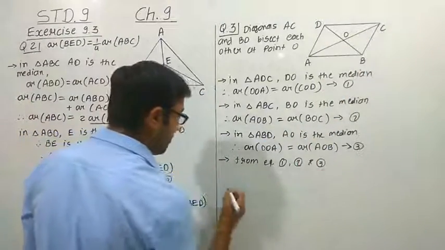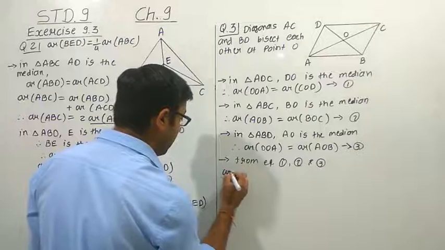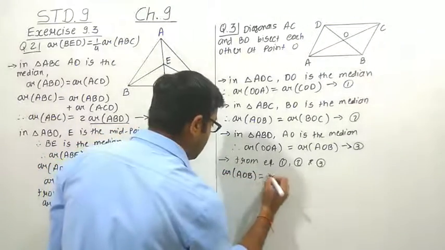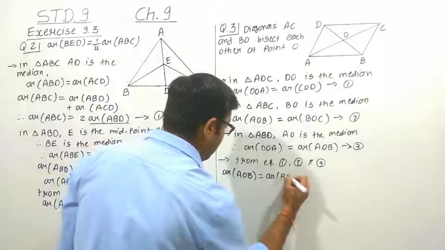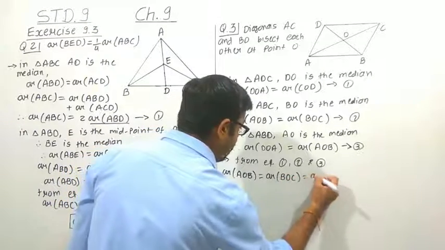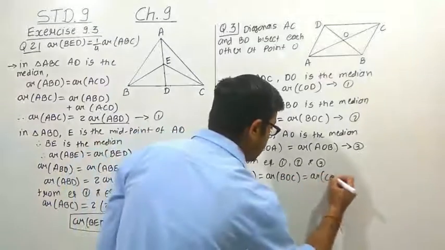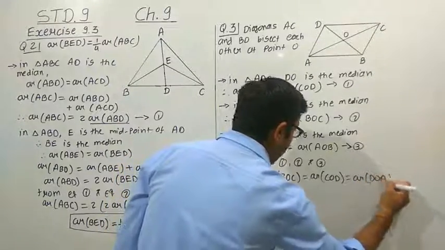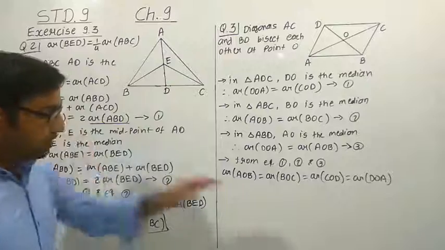So from these 3 results, we can write down that area of AOB is equal to area of BOC is equal to area of COD is equal to area of DOA. Right? What is the meaning of this?